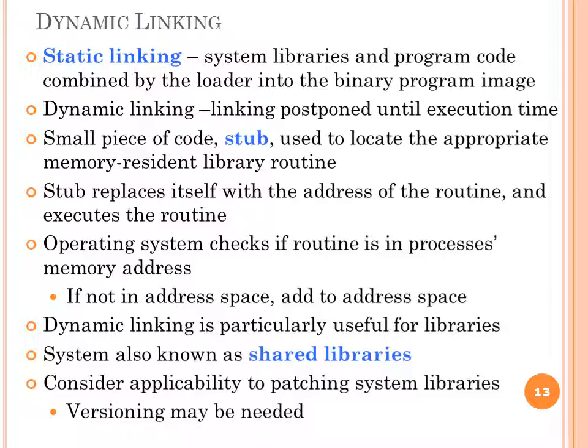The stub is a small piece of code that indicates how to locate the appropriate memory resident library routine, or how to load the library if the function is not already present. When the stub is executed, it checks to see whether the needed routine is already in the memory.